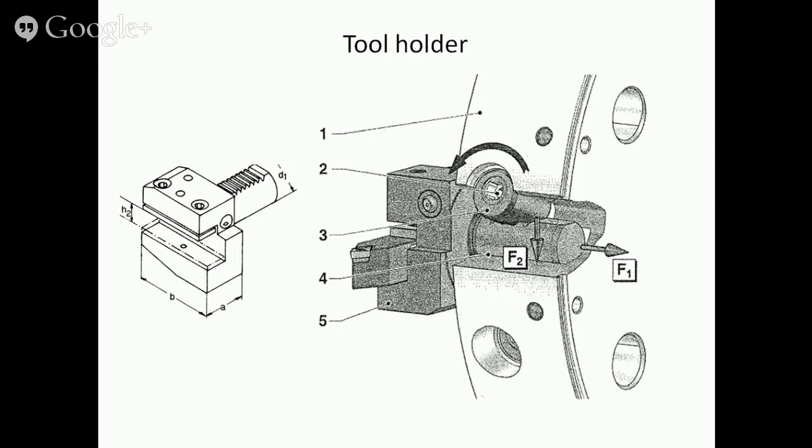The tool holder is inserted and fixed to the tool turret with a pinion, position 2, which moves the rack. Clamping is done in counterclockwise direction, as the arrow shows.